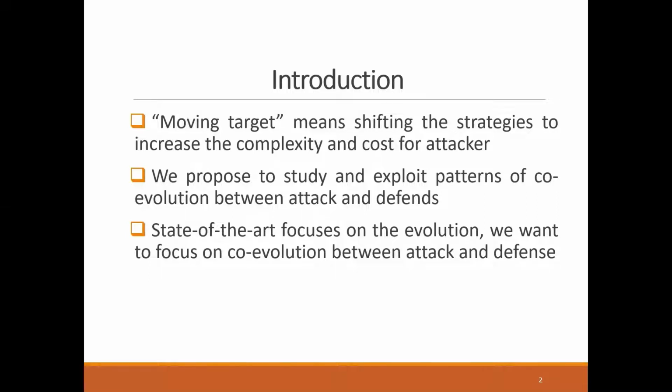In summary, we want to generate this triplet: vulnerability 1, patch 1, and vulnerability 2. So while the state of the art focuses on the evolution solely, we want to focus on the co-evolution patterns between attack and defense.